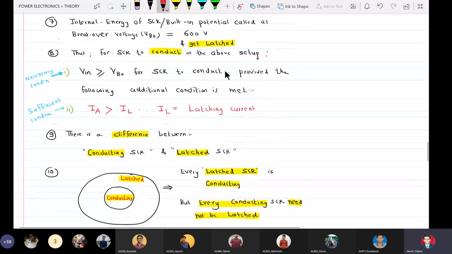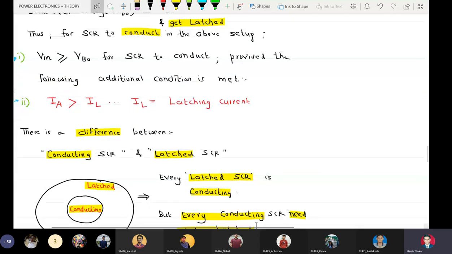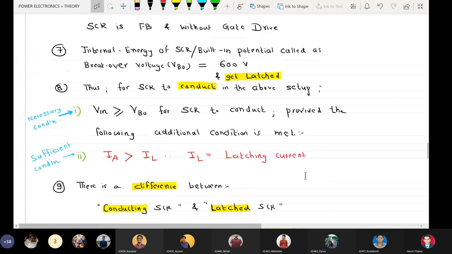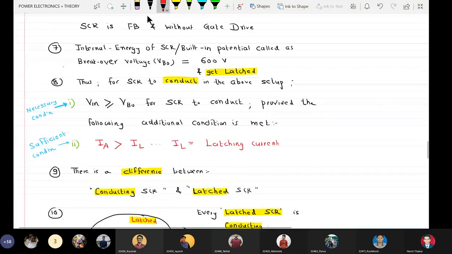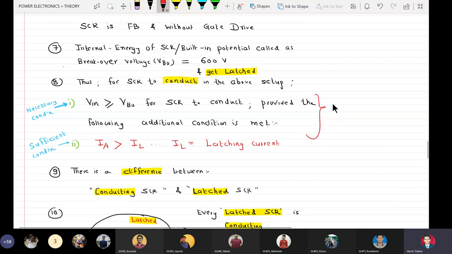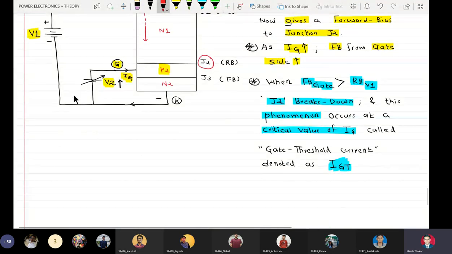Okay, so we can say these are the two necessary and sufficient conditions to be met in the absence of gate drive. And this condition which we just discussed is in presence of gate drive.